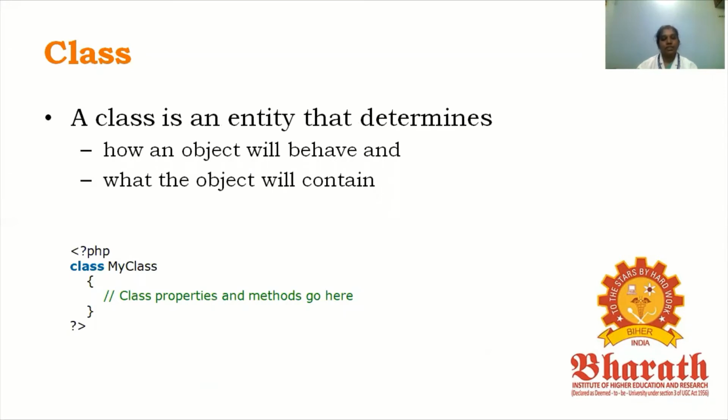What is a class? It is an entity that determines how an object will behave and what the object will contain. See the example class declaration. Inside the script code, the less-than question mark PHP is the starting tag of the PHP script file, and the question mark greater-than is the ending tag. Then comes class followed by the class name. You can give any name except keywords, as we have seen in the rules.